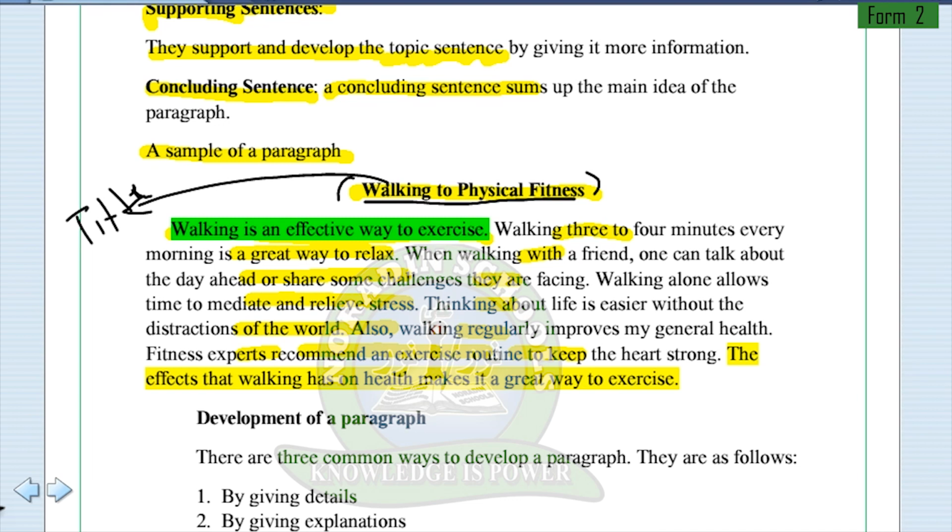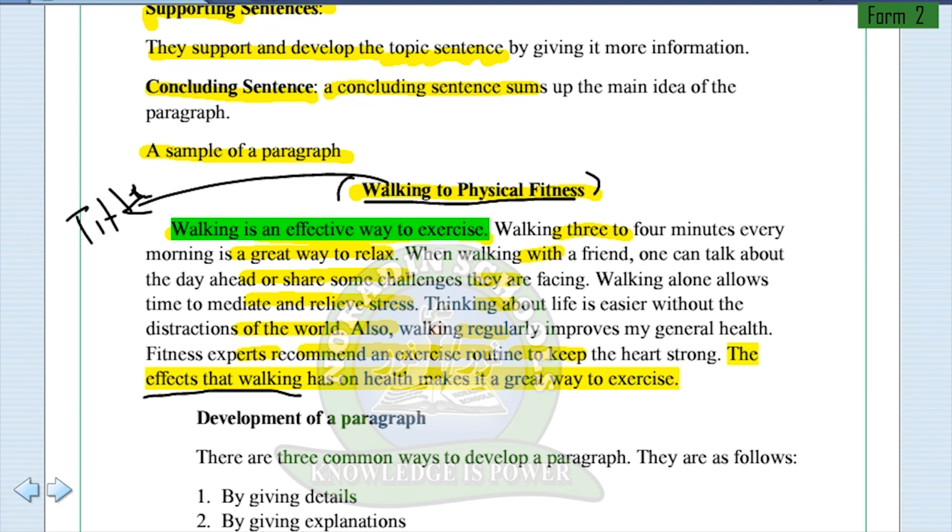Fitness experts recommend an exercise routine to keep the heart strong. Start from here and up to here, these are the supporting sentences. They support. That means they are giving extra information about how walking exercise is an effective way.